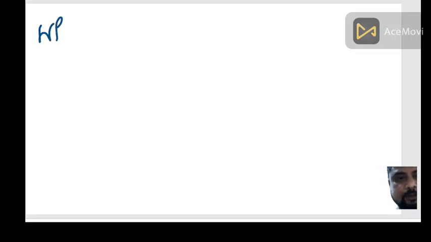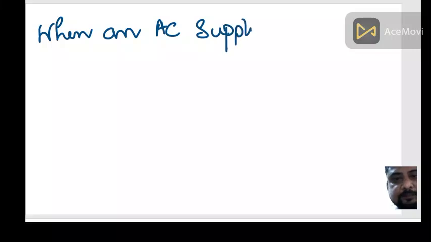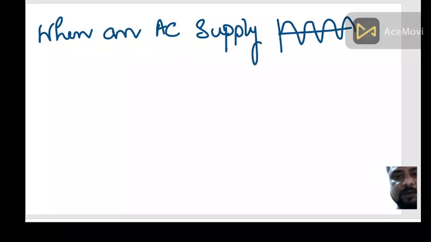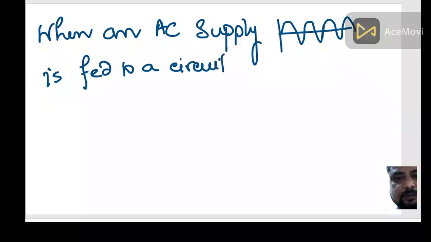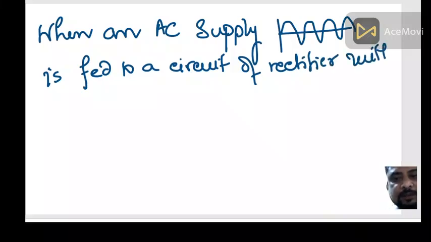So what happens when you have an input AC supply? This is the form of AC, a sinusoidal varying voltage. The AC supply is fed to a rectifier circuit with a capacitor filter.